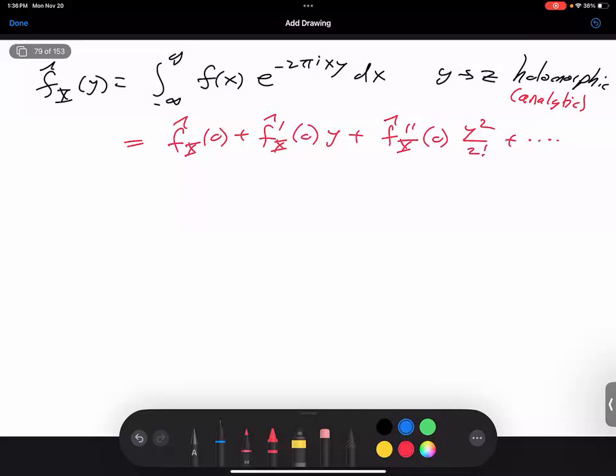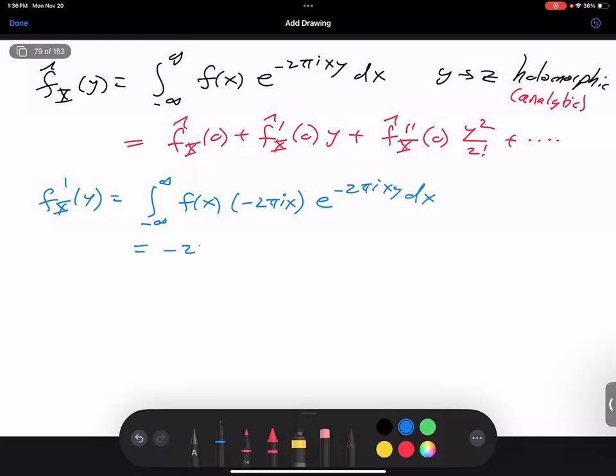And now we use our physics hat, right? What is the derivative of the Fourier transform? Well, I would just integrate from minus infinity to infinity of f of x, and I would have negative 2 pi i x e to the negative 2 pi i x y dx.